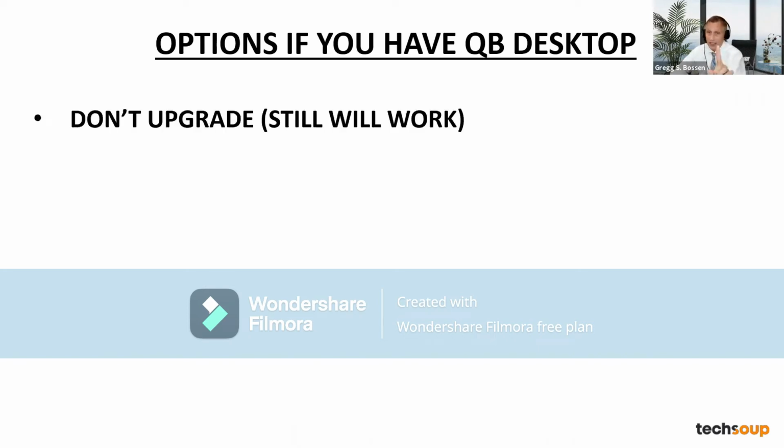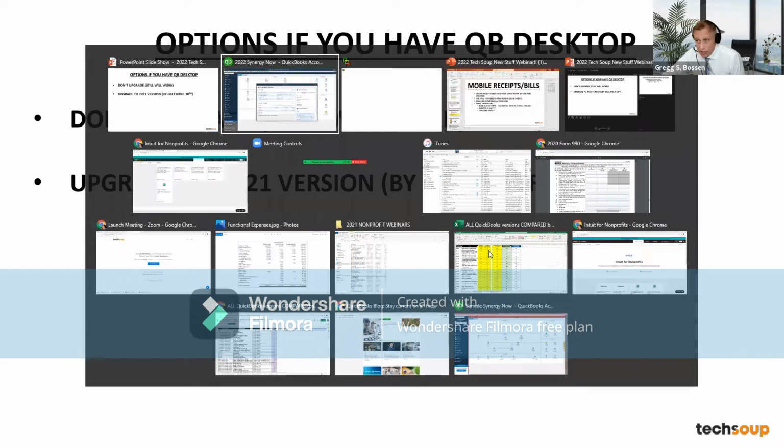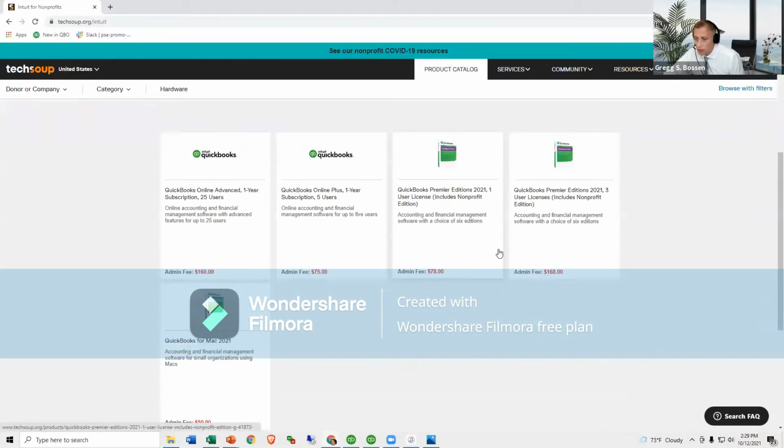We're going to talk all about new features, but first, options if you have QuickBooks Desktop. One option is don't upgrade, okay? The older versions will still work. Another option is, if you have an older version, upgrade to the latest version, QuickBooks 2021 Desktop. You have until December 10th to do this, and you can get it through TechSoup. Let me go to TechSoup's website just to show you.